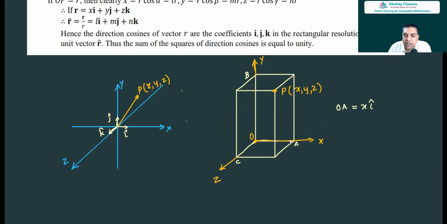Multiply with x, you will get the length, right? OB is y times j cap, and OC is z times k cap. Now, OA plus OB plus OC will give the diagonal of the parallelepiped here.